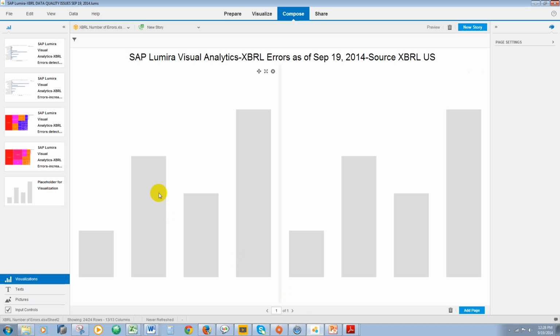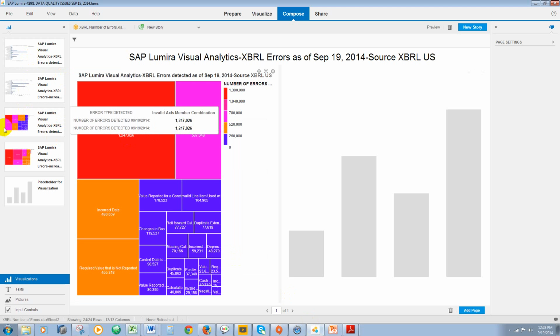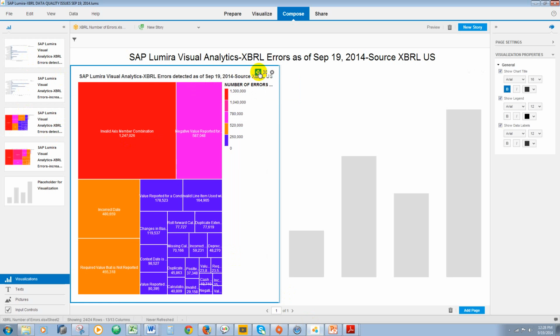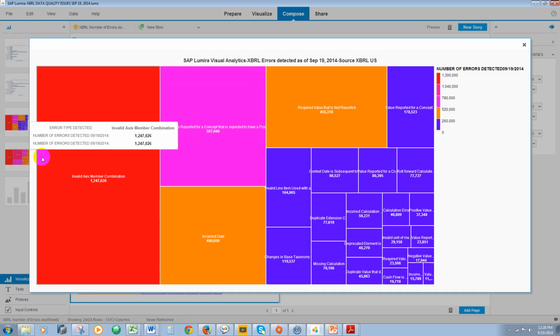And we have actually opened up the SAP Lumira visual intelligence tool, and let me drag and drop one of these charts over here, and let me do some formatting, change the color to a different color, and let me expand this.